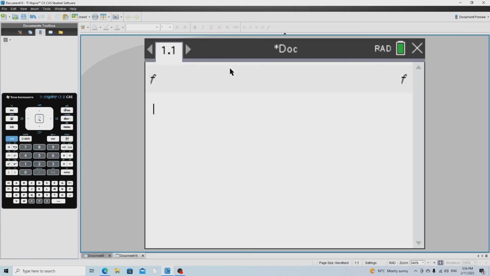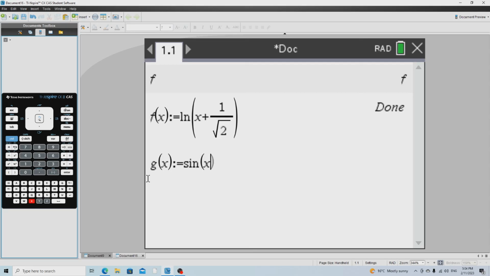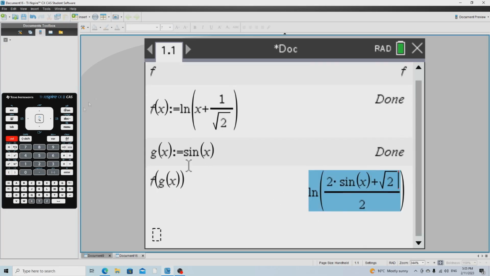So, oh wow, f of x is the natural log of x plus 1 over root 2, and g of x is sine x, where it's from negative infinity to 5. If I was saying f of g of x, which is this equation, let's graph that.